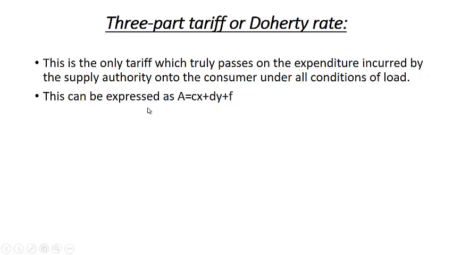This is expressed as A = Cx + dy + F. Apart from the maximum demand charges and energy charges, the consumer is also charged some fixed charges. These fixed charges are for the metering equipment and metering services.